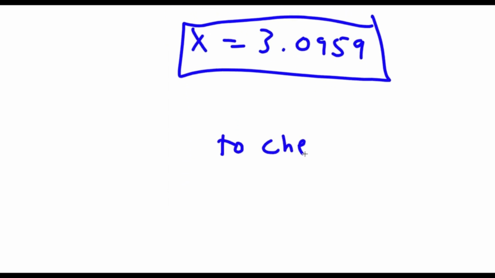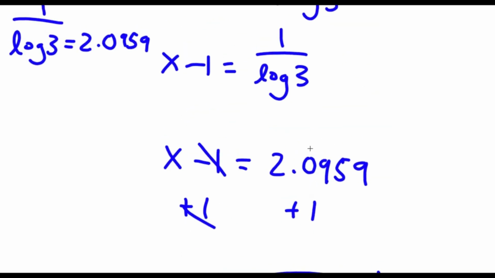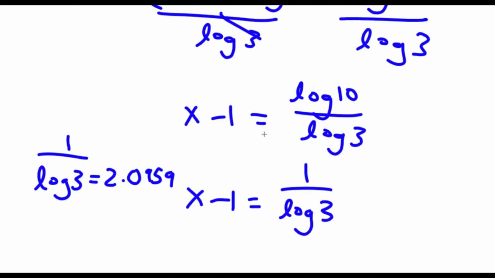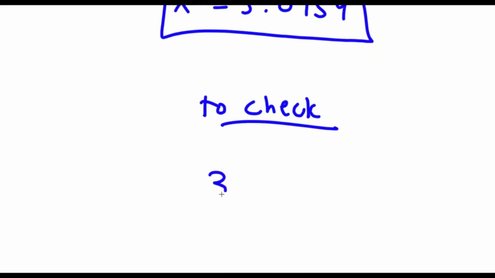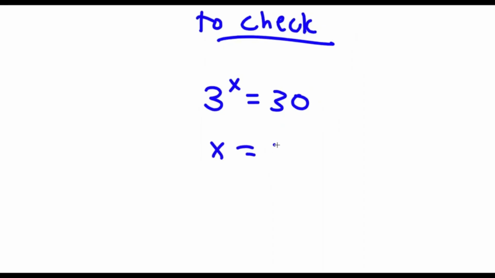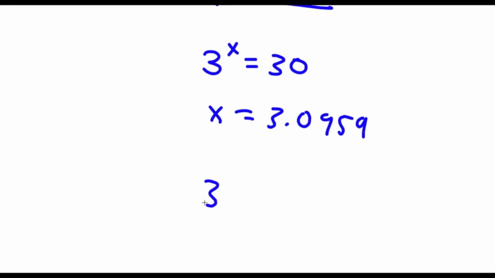Now to check, my original equation was 3 to the power of x is equal to 30. So now, we know that x is equal to 3.0959. So now if I plug this in, I have 3 to the power of 3.0959 is equal to 30.